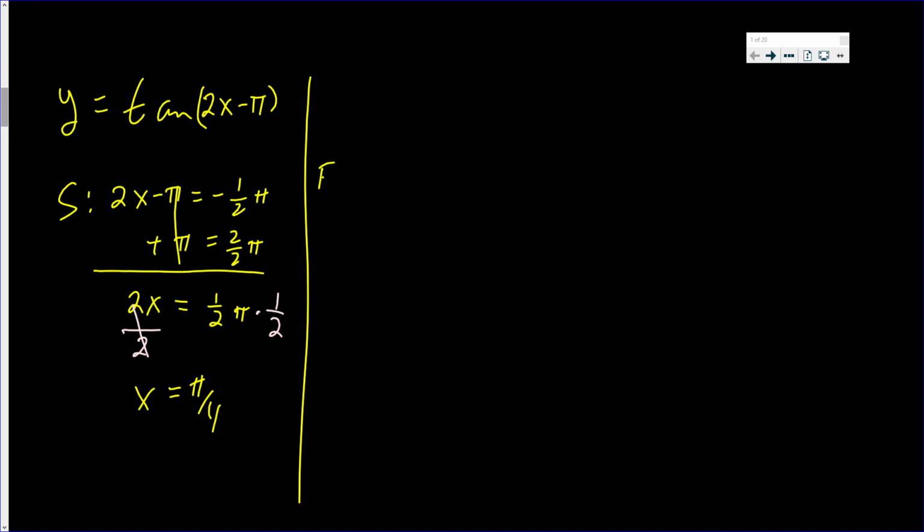Where do we finish? We finish when the angle is equal to a half pi. So 2x minus pi is equal to a half pi. Add pi to both sides, so you just get 2x, and on the right side I'll write the pi as 2 pi over 2. So we get 3 pi over 2.